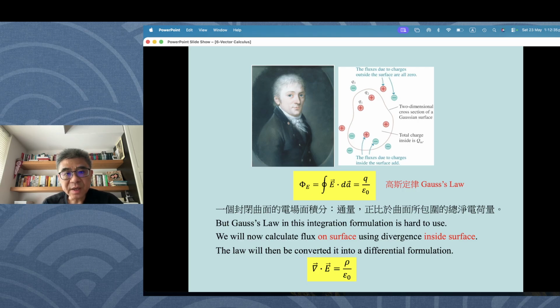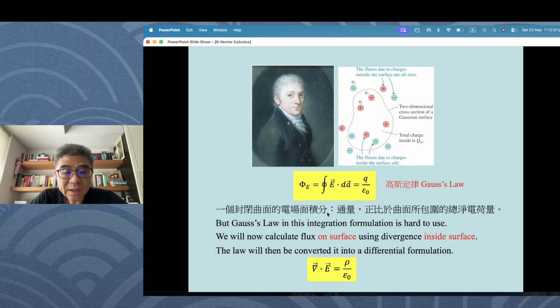However, as I have said, it is about a surface, so it involves the electric field at various points of the Gaussian surface. So most of the time it is very difficult to calculate this surface integral.